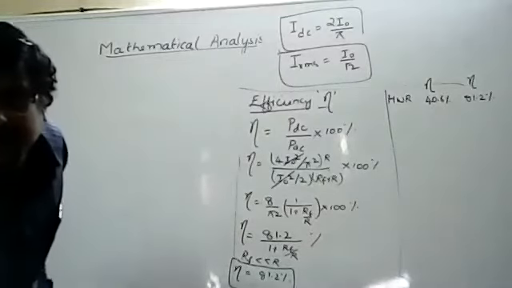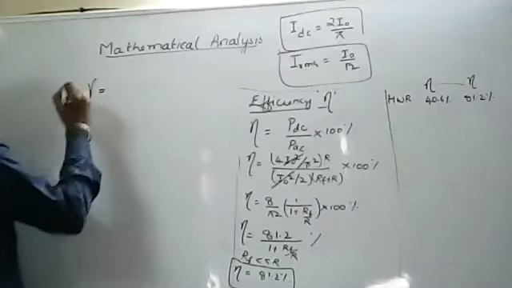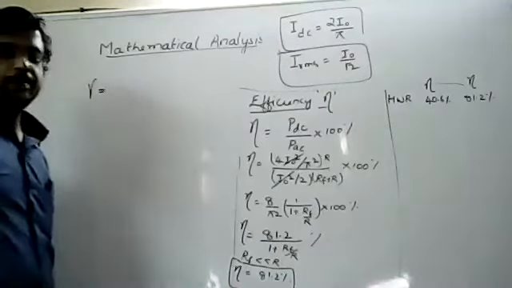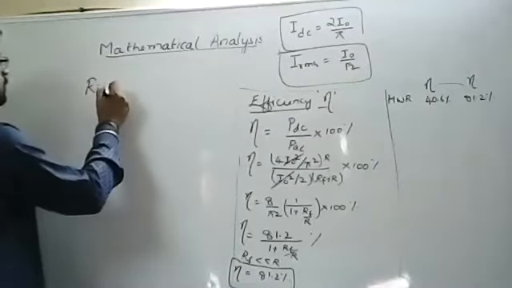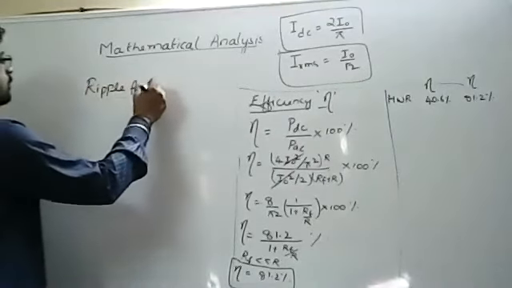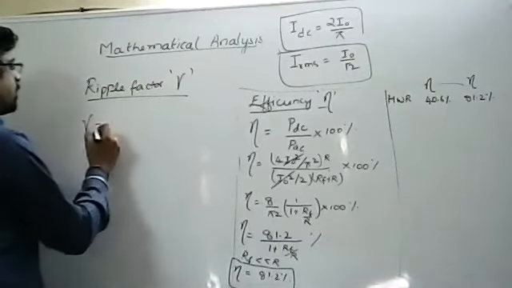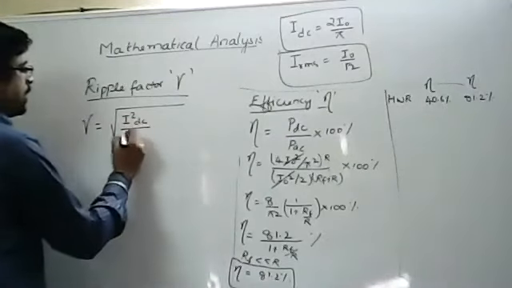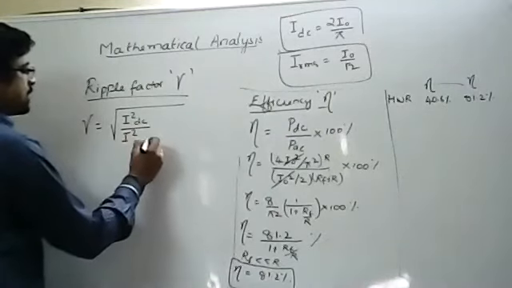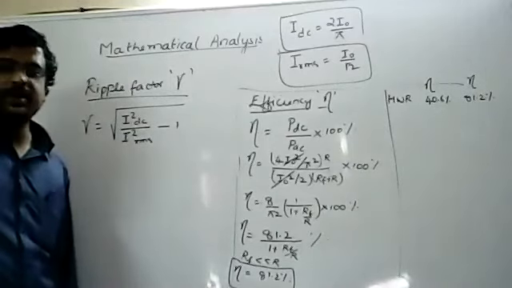Then next one, let us calculate the ripple factor. So we have seen yesterday the formula, root of I square DC by I square RMS minus 1. In half wave rectifier we have seen the derivation.